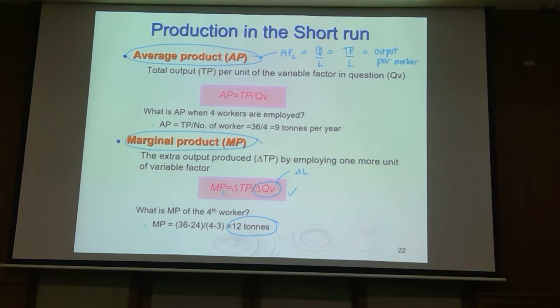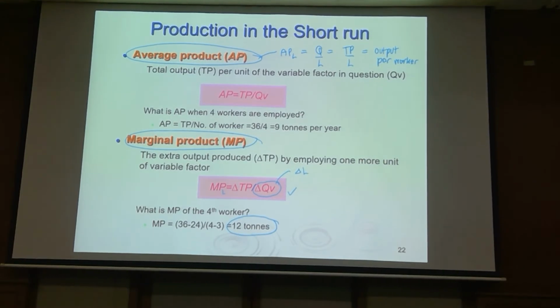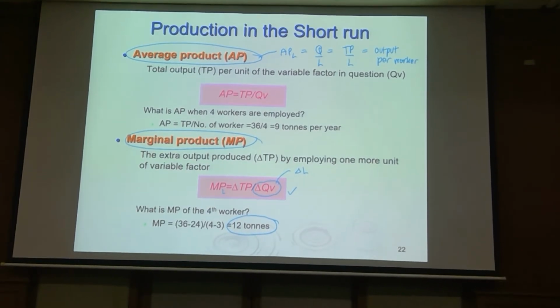It's also a thing that people use to measure labor productivity, given that labor is the variable factor that we use in production over here. Okay. These two things have a relationship with each other as well. Okay. Marginal product influences the average product.